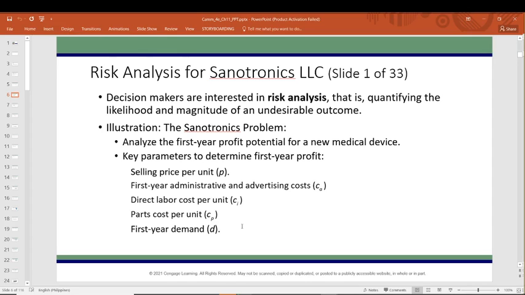For the risk analysis of Sonatronics, decision makers are interested in quantifying the likelihood and magnitude of an undesirable outcome.